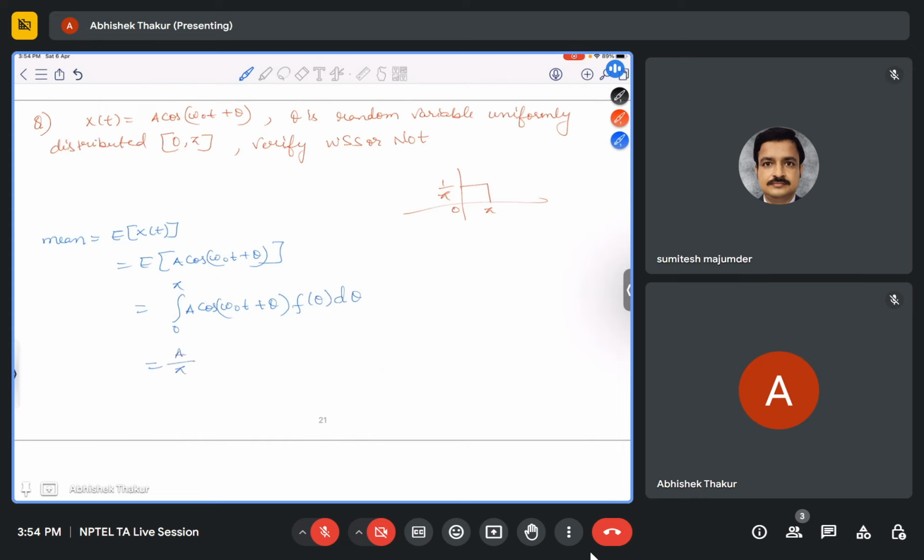So A/π will come outside, and the integration of cos(ω₀t + θ) is sin(ω₀t + θ), with θ from 0 to π.